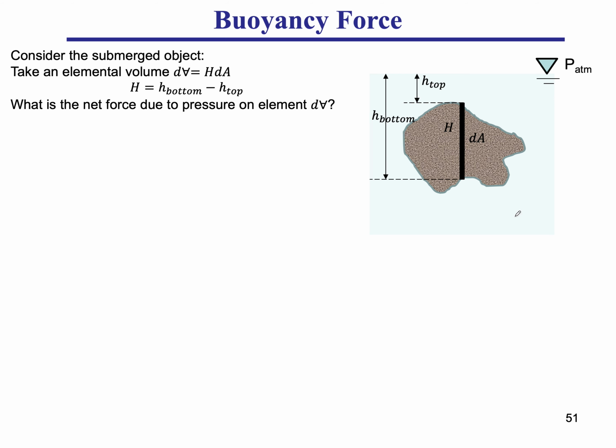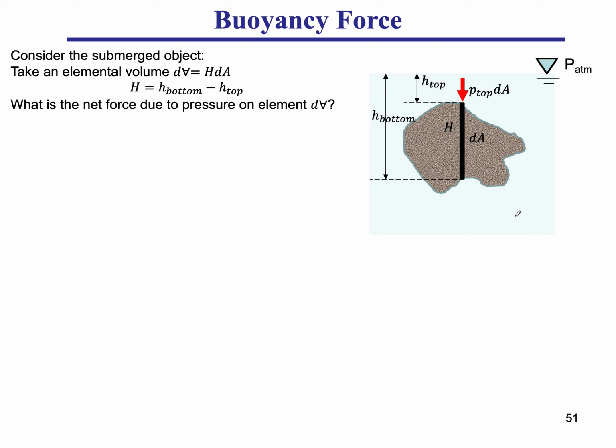So now we started by saying it's the hydrostatic pressure force. So we want to evaluate what the net hydrostatic pressure force on the elemental volume dV is going to be. That's easy to do. We're familiar with it now.